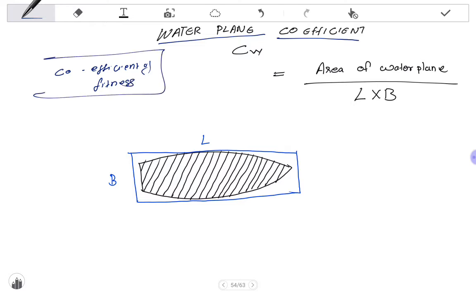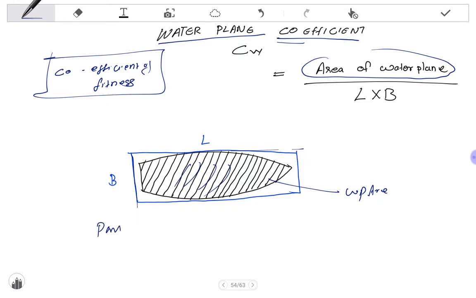Like I explained about the water plane area, the water plane coefficient is the ratio of the water plane area divided by the actual length and breadth of the ship at that particular draft.